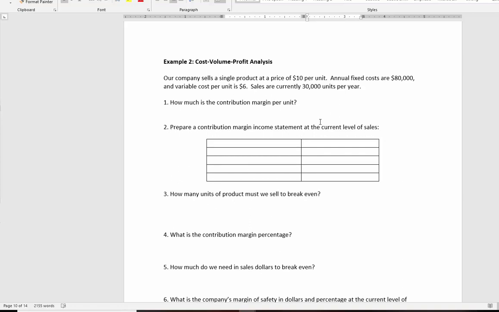Now be careful, because here they're not asking you for break-even. They're asking you for a contribution margin income statement at the current level of sales, which is 30,000 units. Okay, so I'm going to pause this, take a few minutes, do those calculations, and when you come back I'll give you the answers and you can check your work.